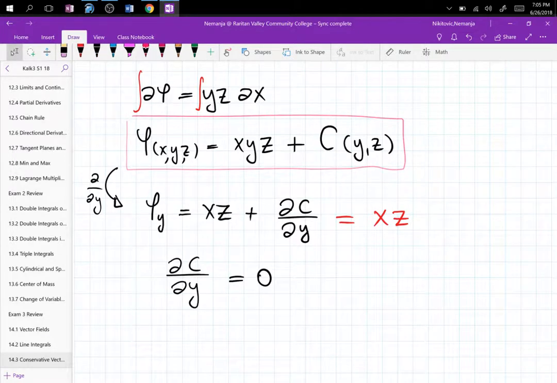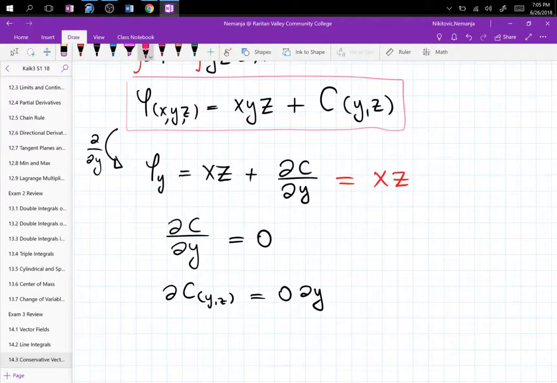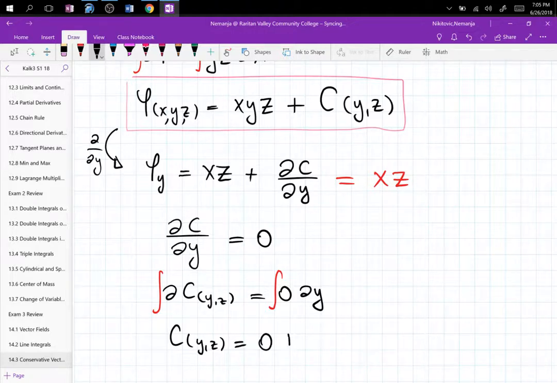Do the separation of variables again. We have that the partial c, remember c is a function of y and z, right? So partial c is equal to 0 times partial y, and integrate both sides. When you integrate both sides, over here you are going to get that c of y, z is equal to 0 plus just c of z.